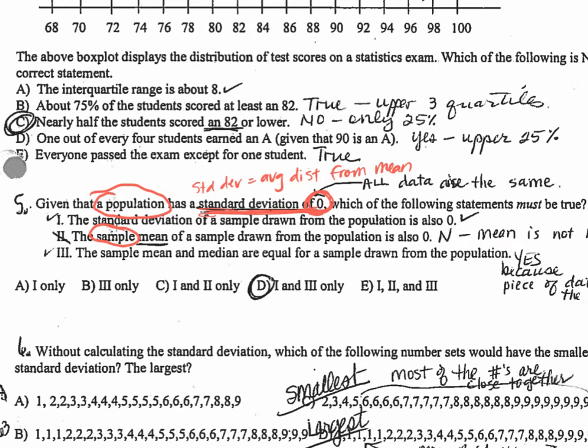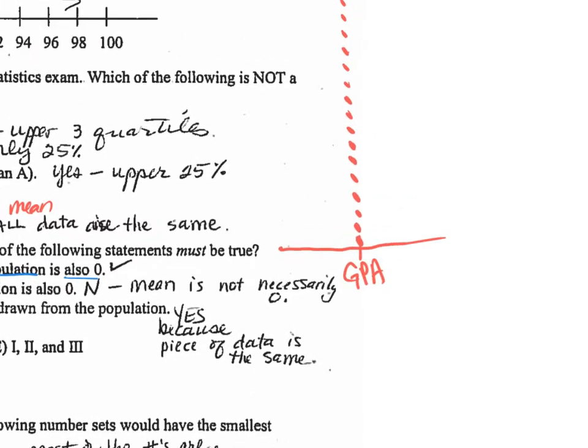So the first question says, the standard deviation of a sample drawn from the population is also 0. Okay, well, I want you to think of picking a systematic sample. Maybe you pick a random starting point, and then you pick every 5th one. So 1, 2, 3, 4, 5, and then 1, 2, 3, 4, 5, and then 1, 2, 3, 4, 5.